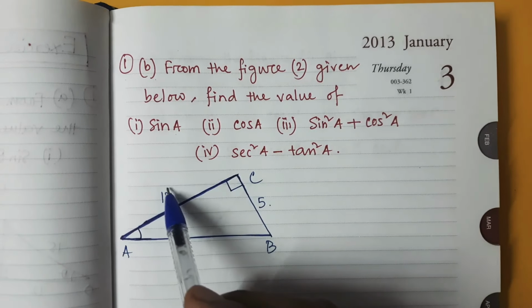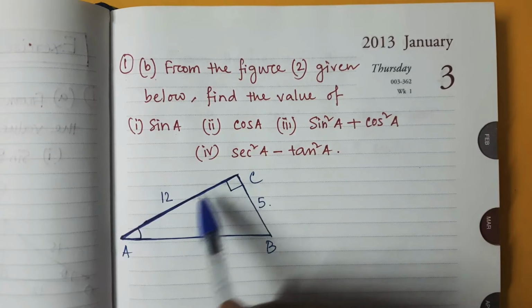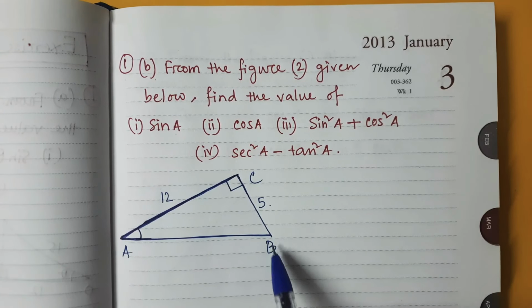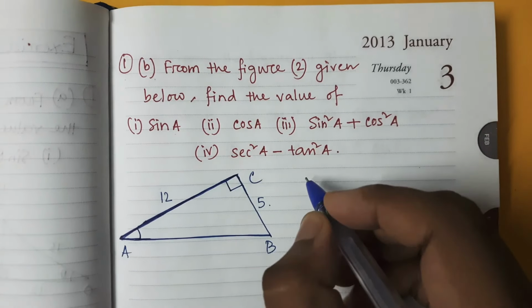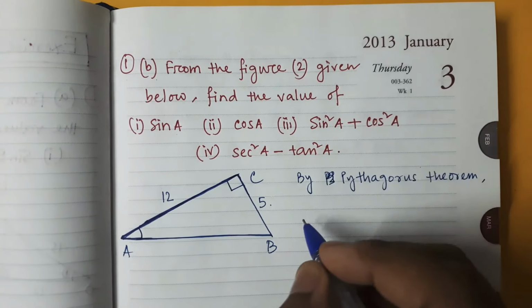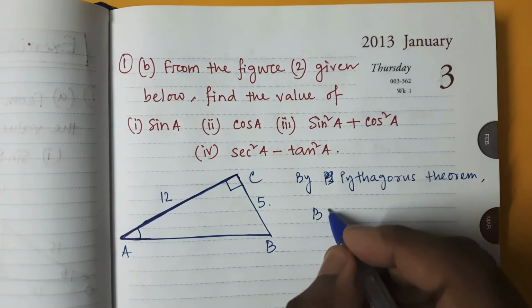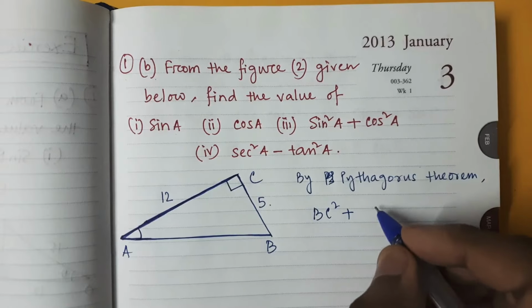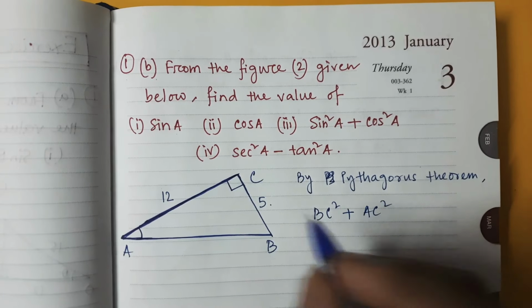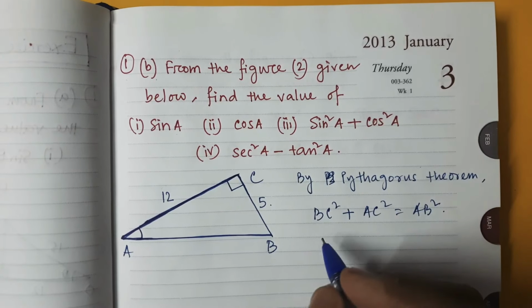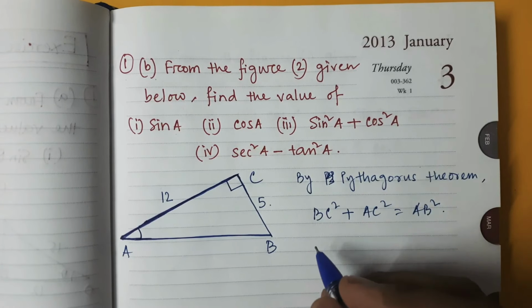Now they have given this value and this value. So this is 12 and this length is 5, but we don't know this length. So again we need to apply the Pythagoras theorem. So by Pythagoras theorem, we can write that BC square plus AC square equal to AB square, isn't it? We know the value of BC.